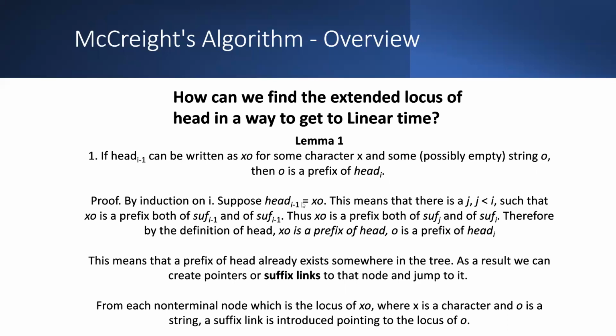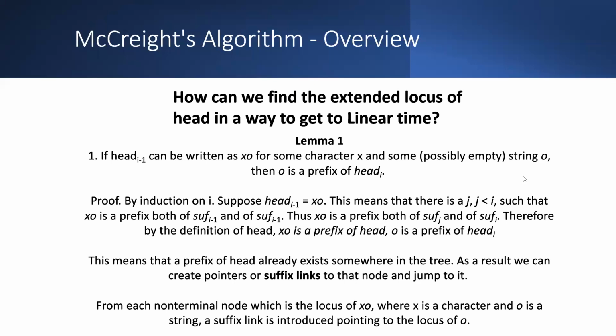If we suppose head sub I-1 equals XO, this means that there's some J, a J that's less than I, such that XO is a prefix of both suffix sub I-1 and suffix J-1.